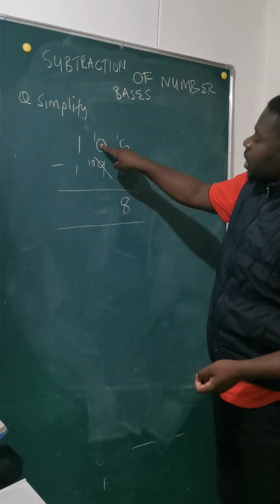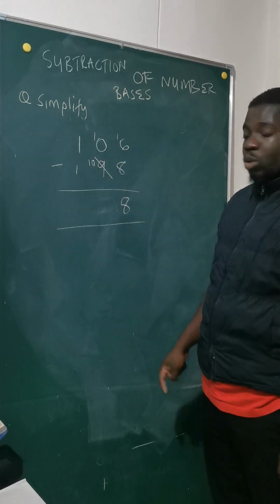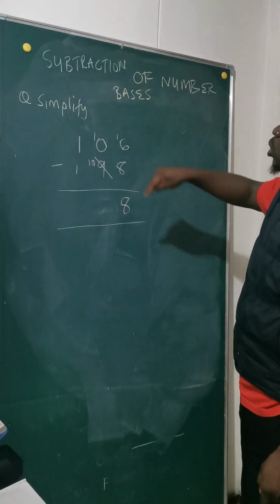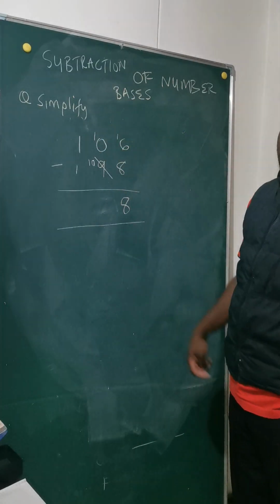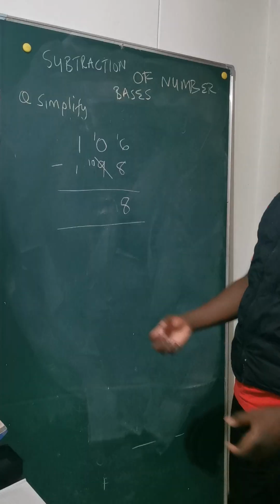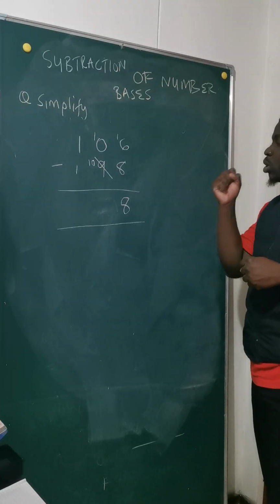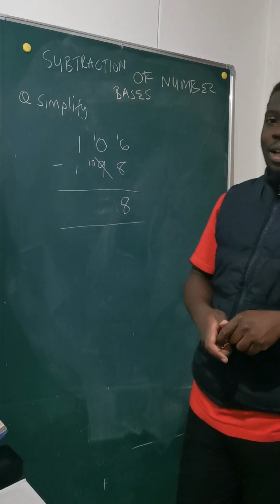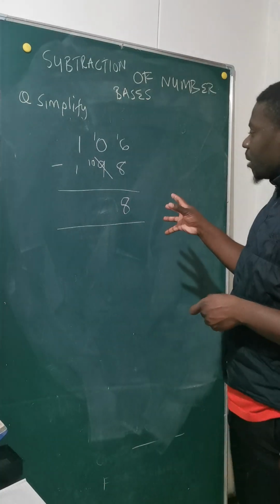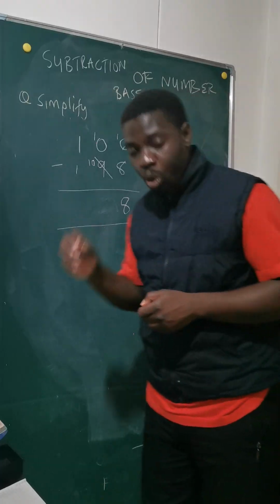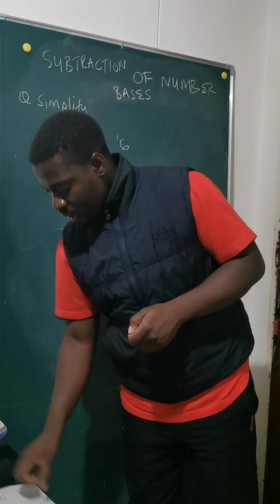Also because 0 minus 10 can't, you would borrow another 10. That is why we put a 1 in front of the number. We are borrowing 10 because we are operating in base 10. Remember, we said that all natural numbers are in base 10. Okay, let us go now into the real meat.